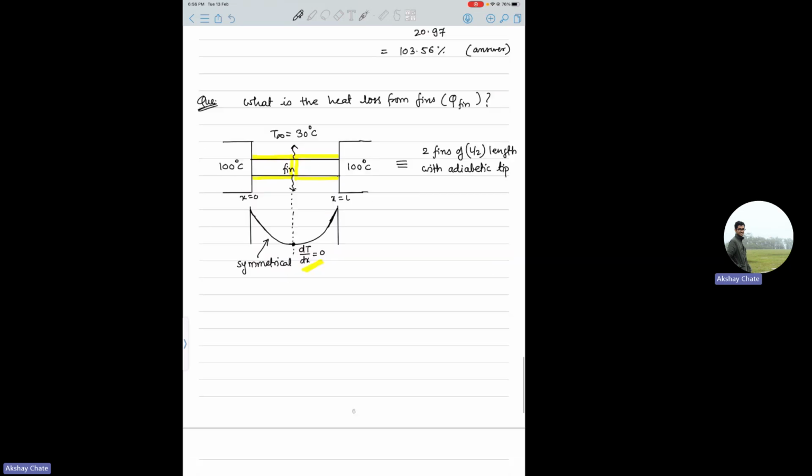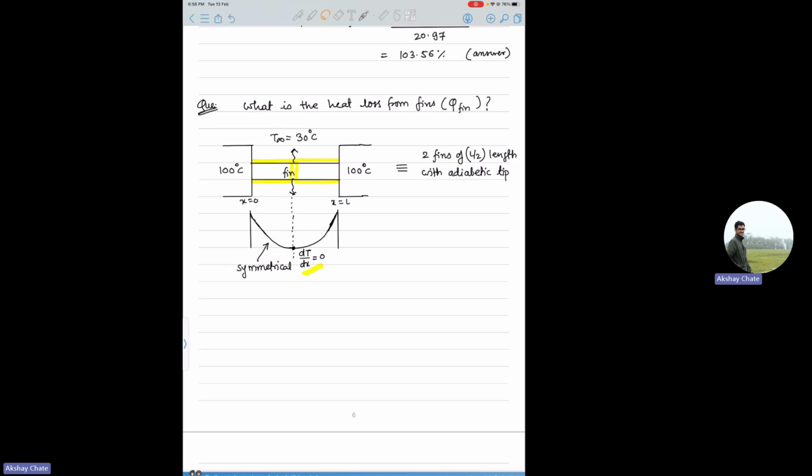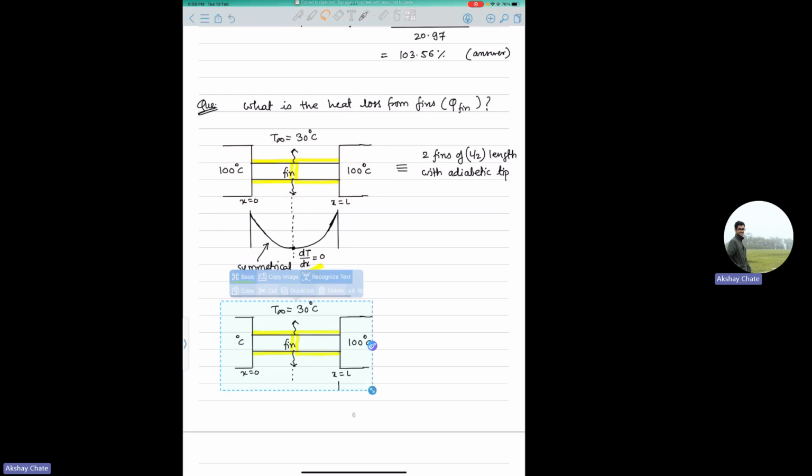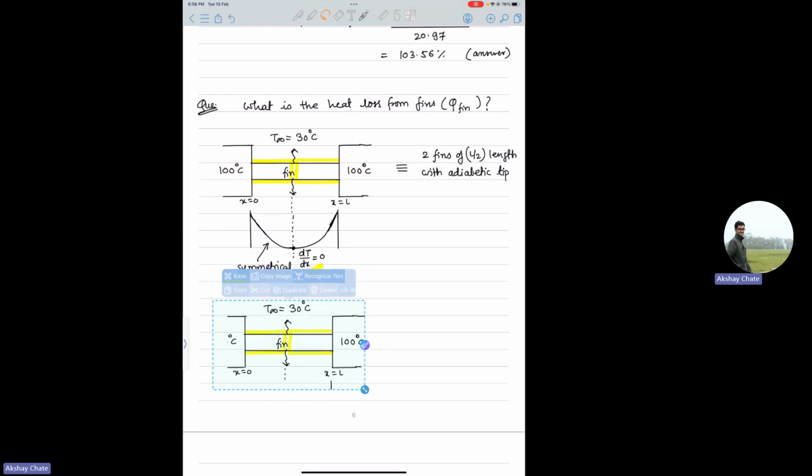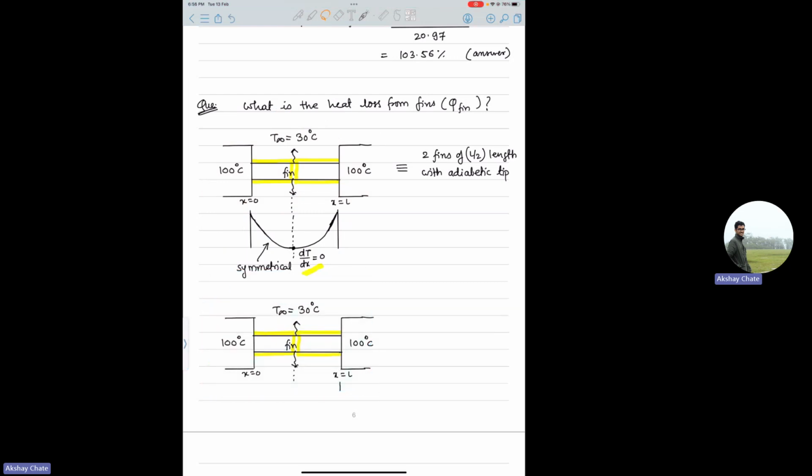Now the next thing is, what if the base temperature is different? Let's say you have the same problem, but instead of 100 degrees Celsius here, it is at, let's say, 50 degrees Celsius.